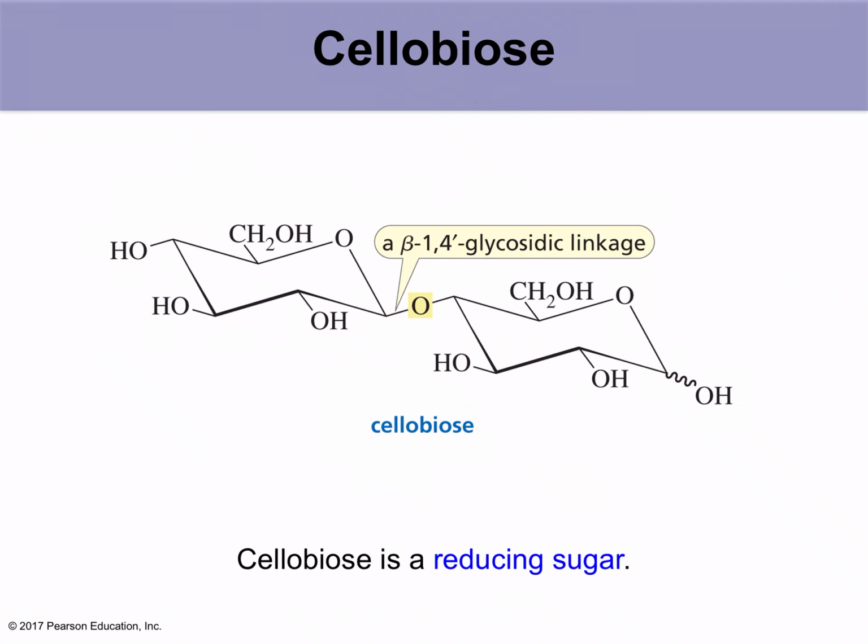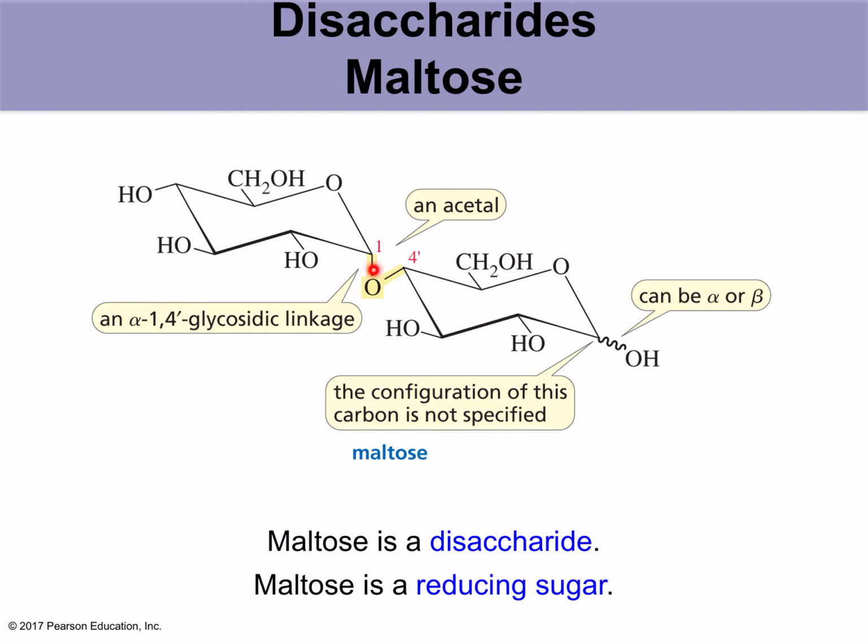What about cellobiose? Cellobiose is also two glucose units, but the glycosidic linkage is different. It's a beta, facing up, with regard to the first glucose unit, and here it is alpha, facing down.